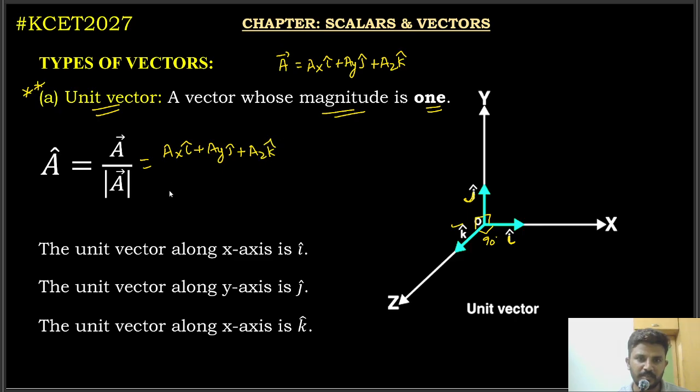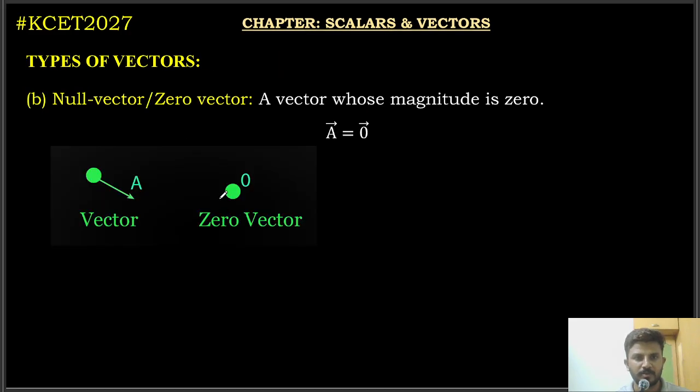The magnitude of vector A is given by the square root of ax square, the coefficient of i, plus ay square plus az square. So the square root of ax square plus ay square plus az square gives the magnitude of vector A.